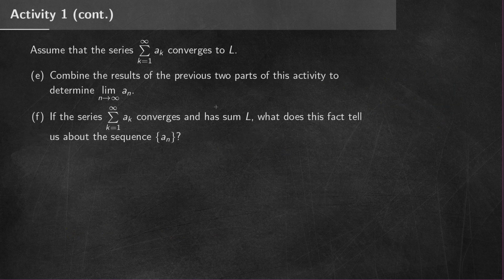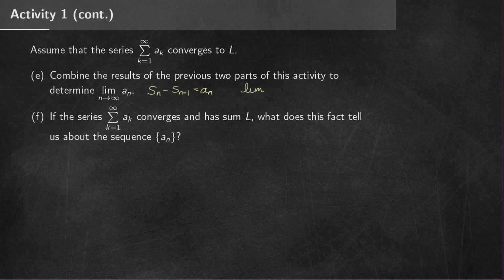Part E, combine the results of the previous two parts of this activity to determine the limit of a sub n as n approaches infinity. Well, remember we had the fact that s sub n minus s sub n minus 1 was equal to a sub n. So let's take the limit of both sides.